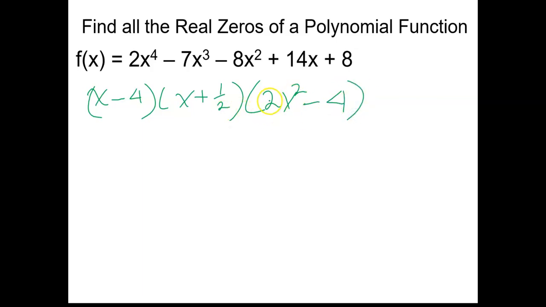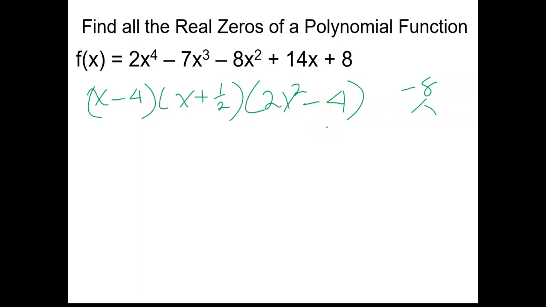Okay, this is what we come down to now. We have this quadratic. If we put 0x in the middle, multiply 2 times negative 4 and get negative 8. Is there any two numbers we can multiply to get negative 8 and add to get 0? Yeah, no.